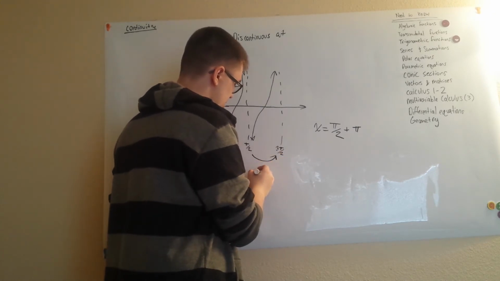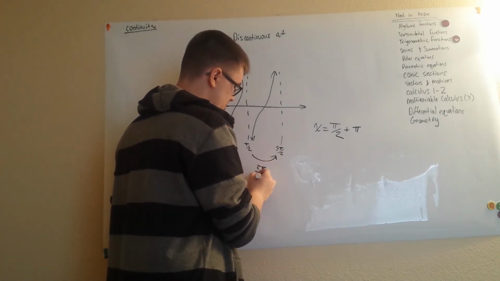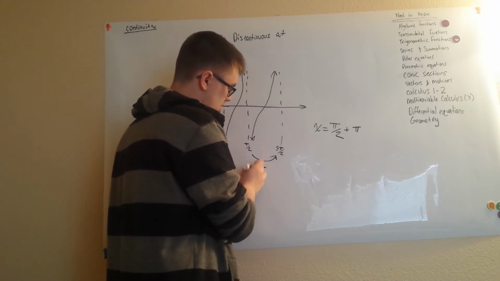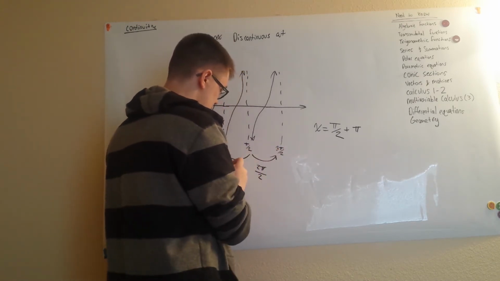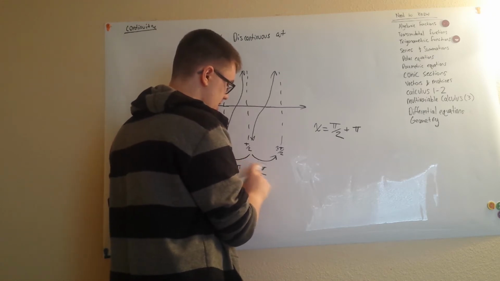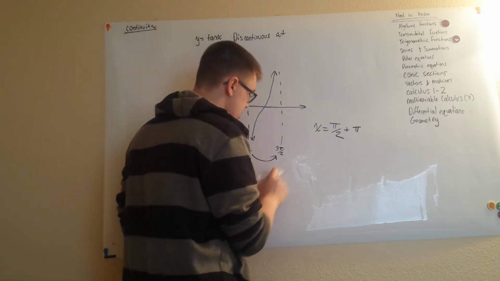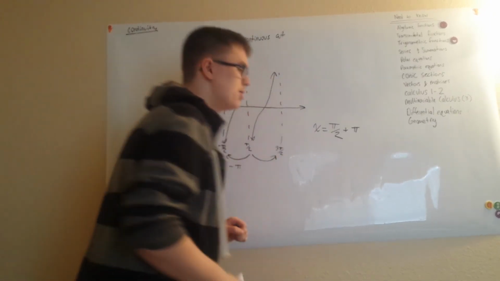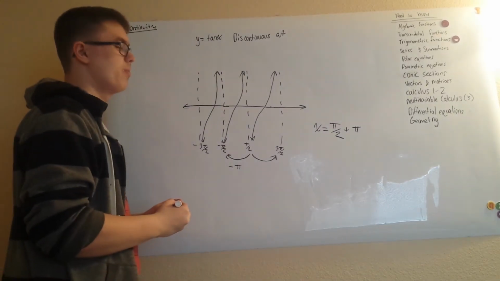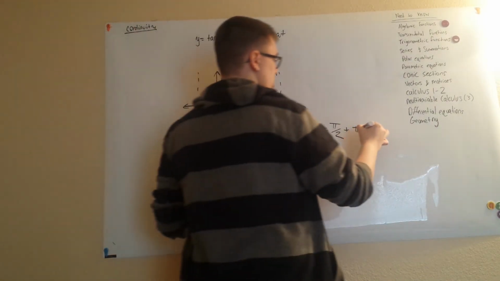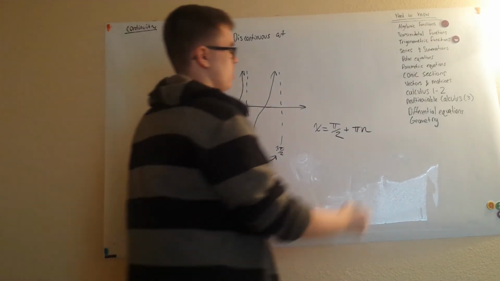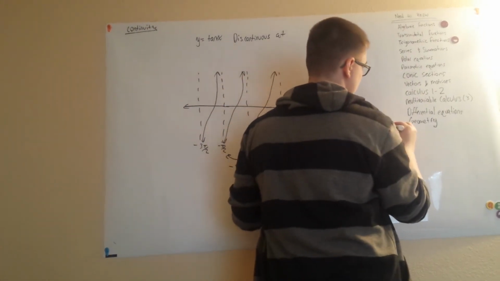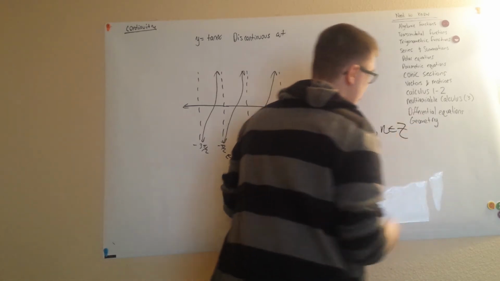If we add pi, which is 2 pi over 2, that's 3 pi over 2, right? You subtract pi, and you add pi every time to get the next asymptote. And we create this equation like that, such that n is an element of all the integers.